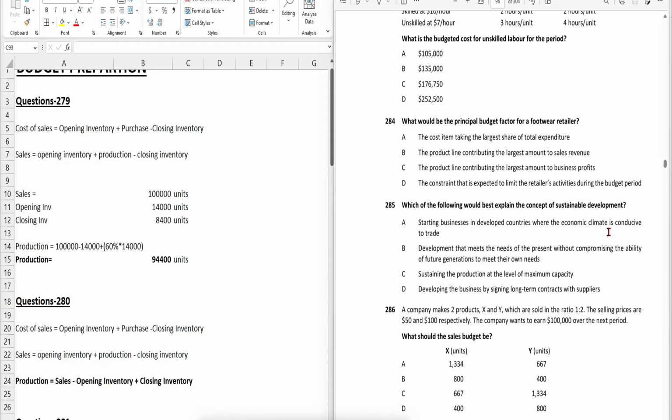Now option C, sustaining the production at the level of maximum capacity. Basically it's talking about production efficiency as well as profit maximization, whereas sustainability focuses on the resources, right? So there is no link between maximum capacity and the resources that we don't compromise for future generations' needs, so it's incorrect.